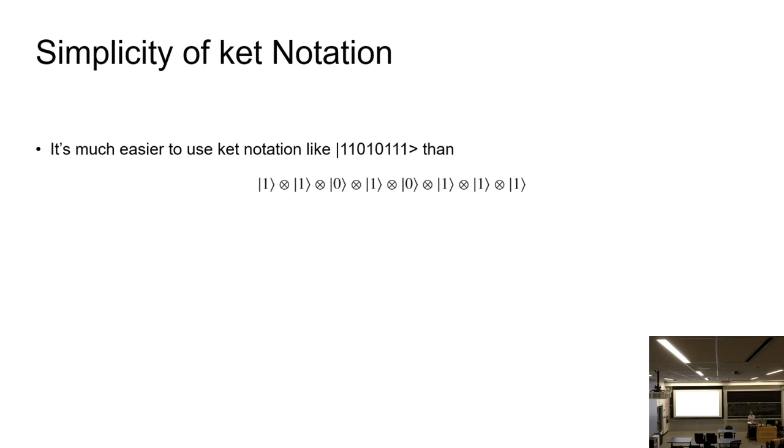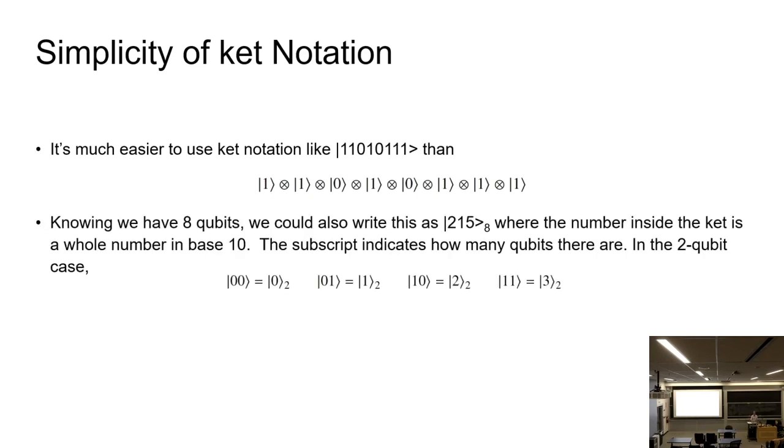Knowing we have 8 qubits, we could also write this as a possible state of the 256 states in our 8-qubit system. So 2 to the 8 is 256, and this represents one of those states, and it's just labeled with a base 10 number. So it's 215 of 256.